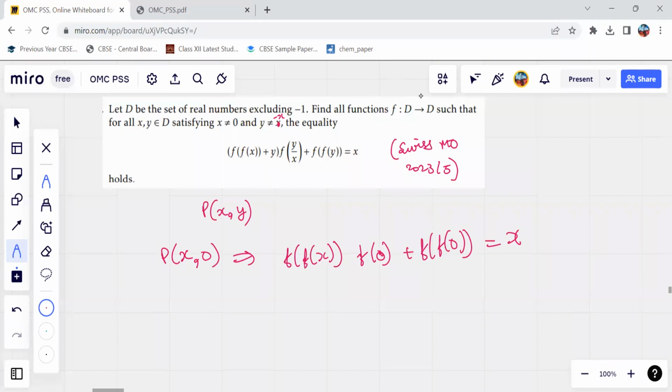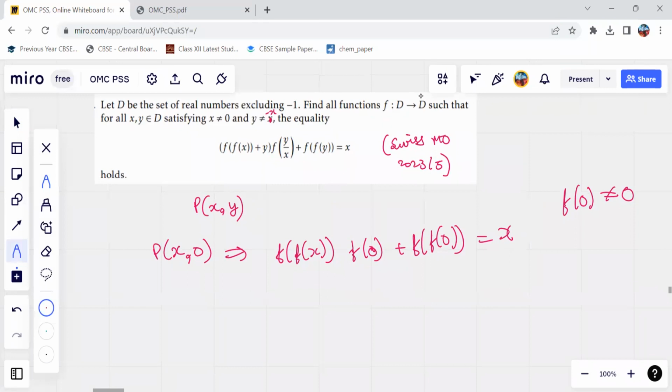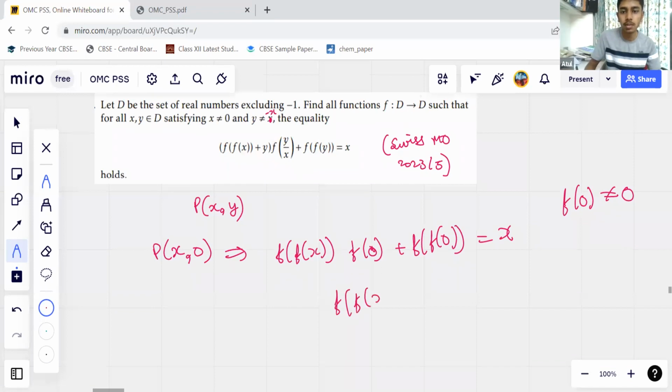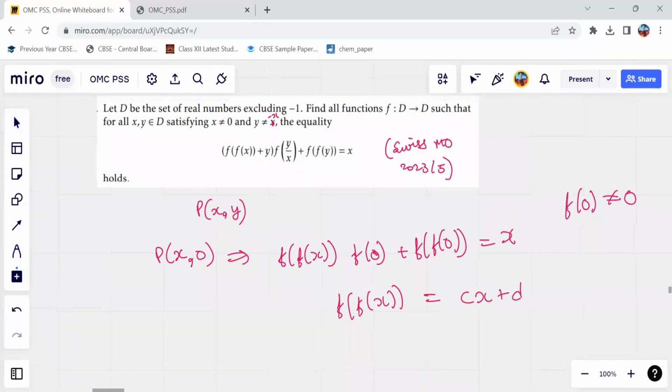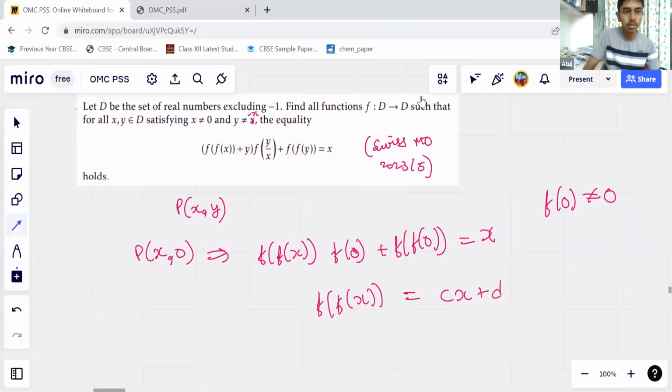No, even that can't be. f of 0 can't be 0, yeah, f of 0 is not 0. So basically, we get f is injective because you can take stuff to the other side. Yeah, so we know f of x is just some linear thing in x, which means it's surjective. Oh, that looks bad.